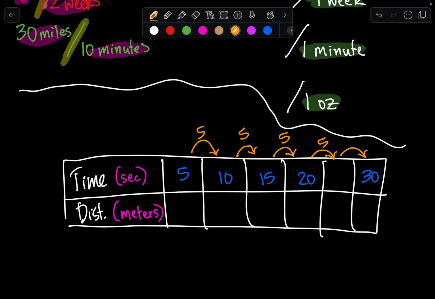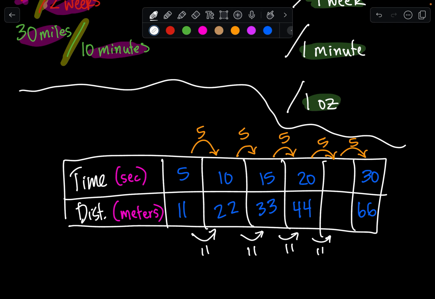Then when you looked at the meters, that one was going 11, 22, 33, 44, and then you had 66. So this one was going up 11, 11, 11, 11. And you're Smarty Pants McGee, so you just skipped over this one. But if you wanted to continue the pattern, you could have done this, but you didn't really need to do that.